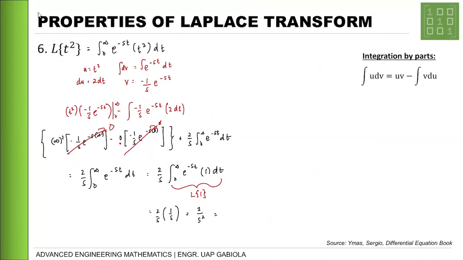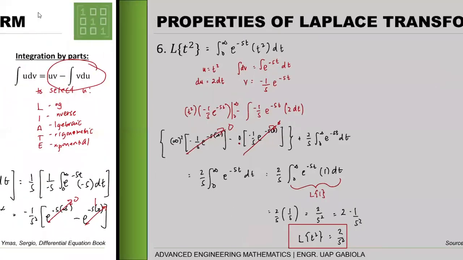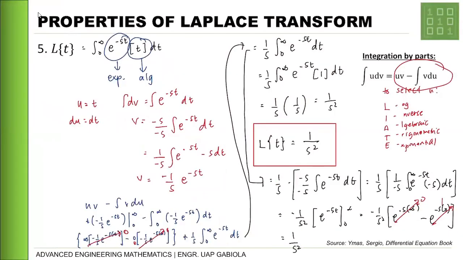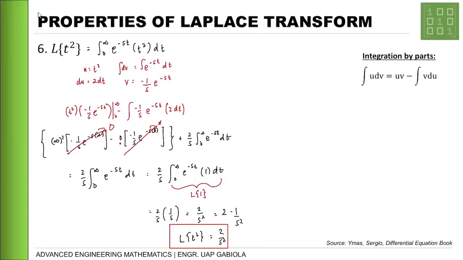You can assume na this is also equals to 2 times 1 over s squared, no? Okay? Pero let's conclude na lang muna dito na t squared is equals to 2 over s squared. Okay? So, para later, pakita natin paano pag halimbawa mas higher yung number sa kanya. Okay? Kasi may relationship yung dalawa. Okay? So, naging twice yung kanyang numerator bukod dun sa isa, no? And then yung ating denominator is naging s squared. Okay?